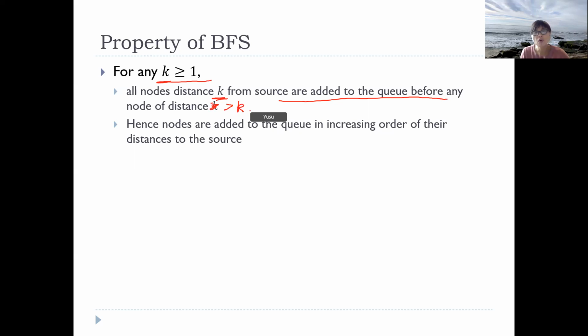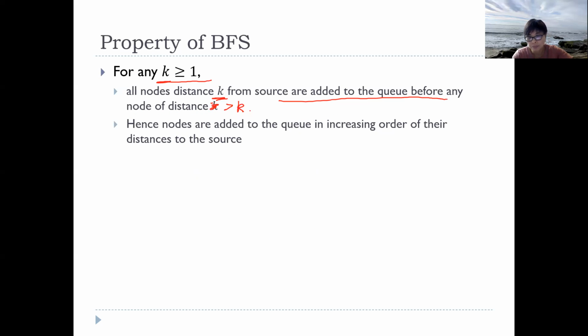So all nodes at distance k away from the source will be added to the queue before any nodes of distance bigger than k. In other words, the nodes are added to this queue of pending nodes in increasing order of their distance to the source.